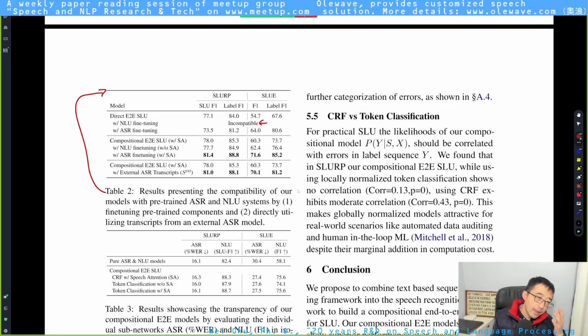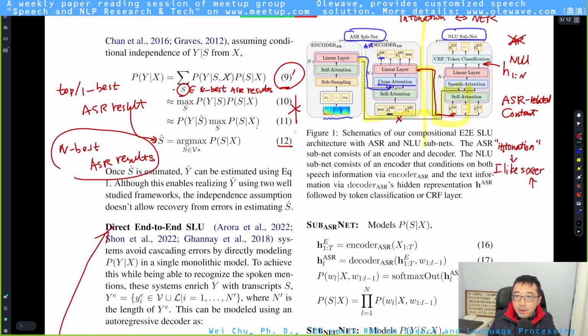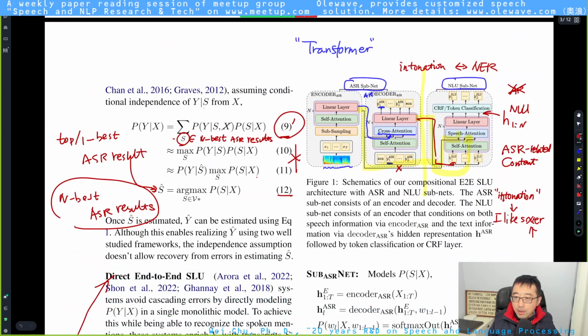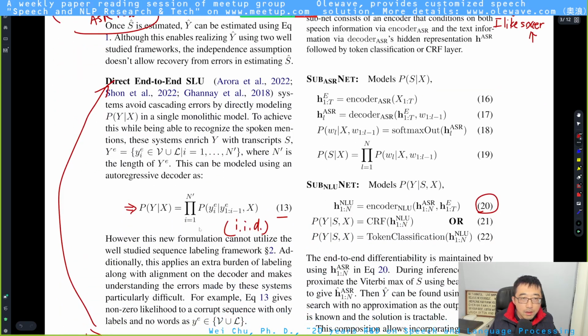Because I think they have to draw a flowchart of the direct end-to-end SLU they talked about, because I have not seen any drawings. The only thing I saw is the compositional end-to-end SLU. For the direct end-to-end SLU, you might have to see the other publication they talked about.